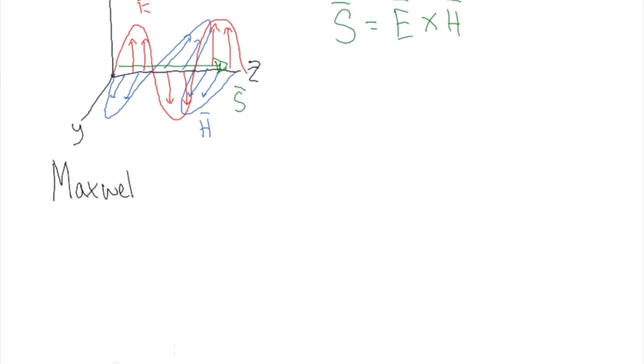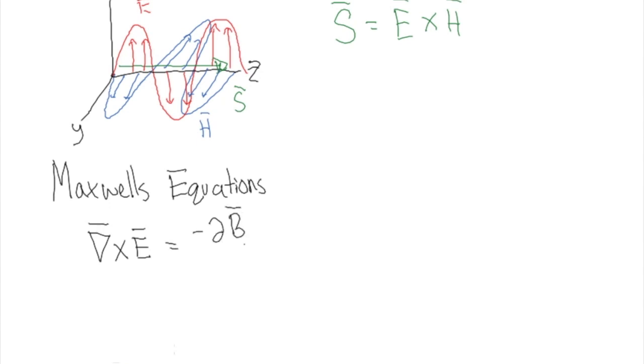So we're just going to write down a couple of Maxwell's equations so we can derive where the Poynting theorem comes from. And so our first equation is the curl of the electric field equals the negative time derivative of the magnetic flux density.